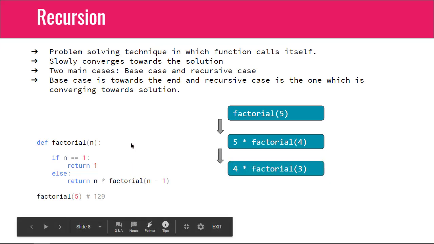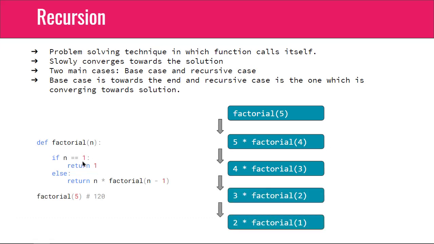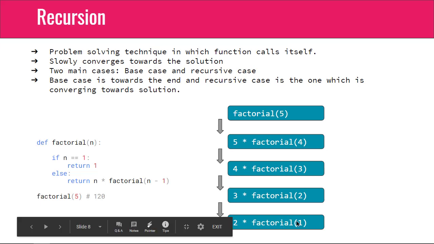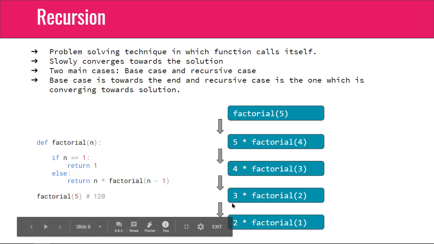This way we can recursively go through all the function calls, and finally when the number reaches 1, that's when the stack starts unwinding. That means we can find the factorial of 1. In this case, if n is 1, then it will return 1. So it will be replaced by the value 1.